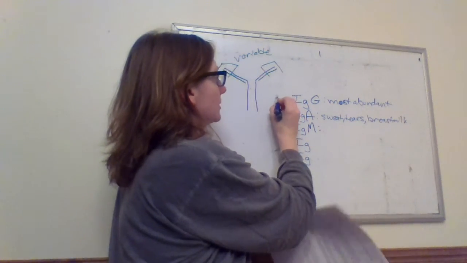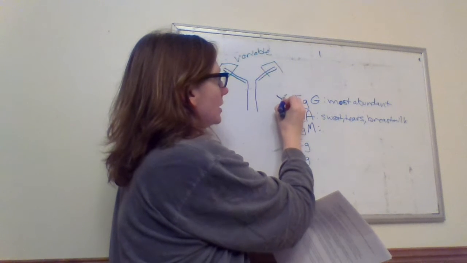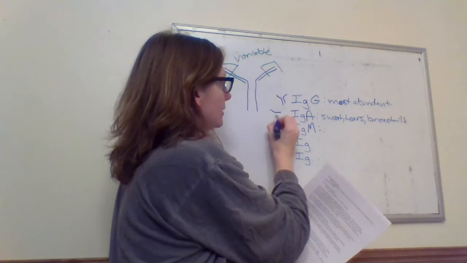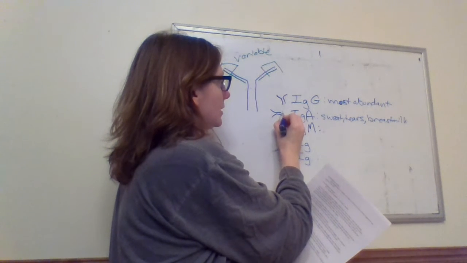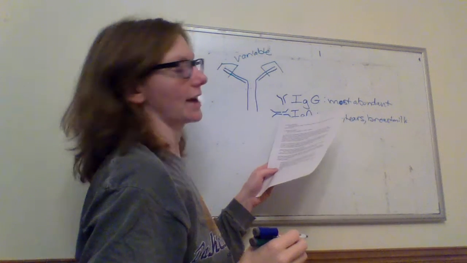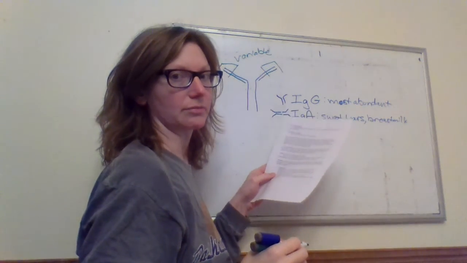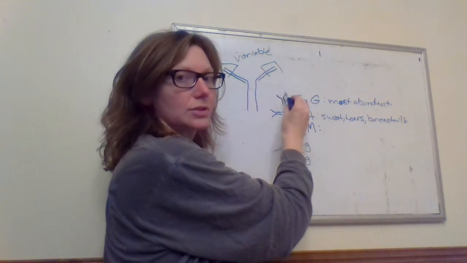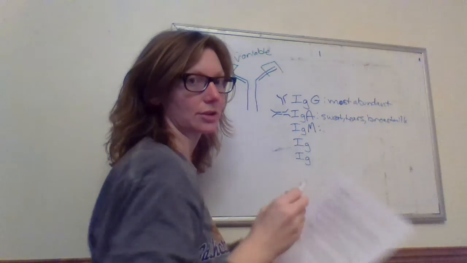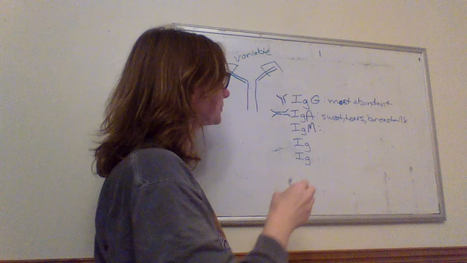And actually, I'm going to draw a little picture of what these look like over here on the side. And these over here, the IgAs, are kind of double-sided. And you can see why that would be a good thing, because you can have not just 2 sites here, but you can have 4 sites where you can start gumming up the works.